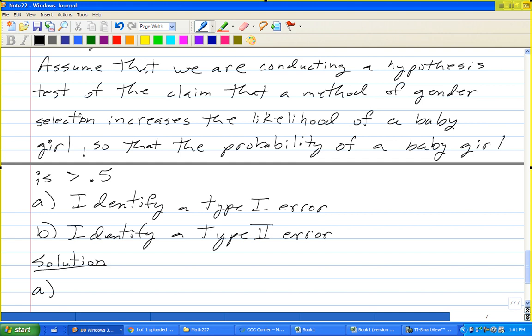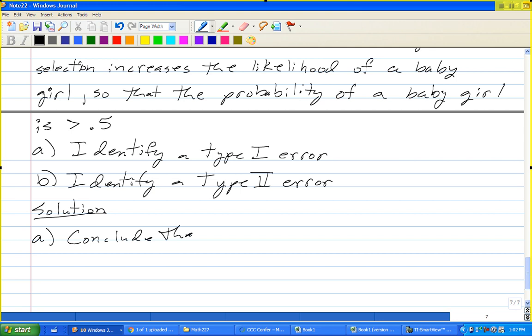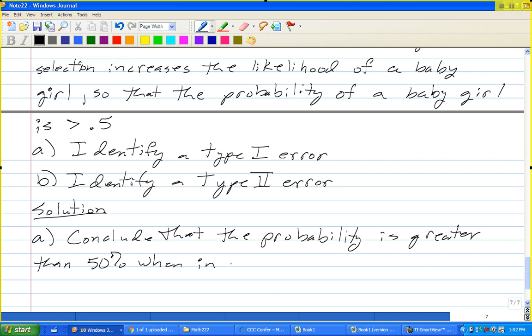And so in a type 1 error, we would conclude that the probability is greater than 50% when in reality it is not.